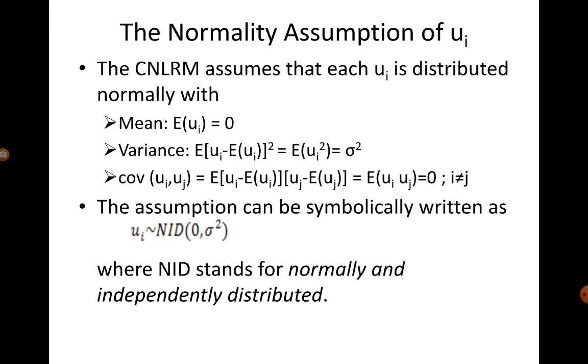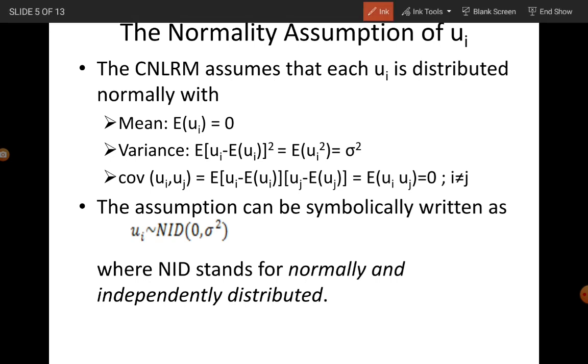We know our mean is expectation of ui equal to 0. This is also a part of our CLRM assumptions. And what is the variance? Remember, this is the formula for variance. When you talk about random variables following certain distributions, this is how we calculate variance: expectation of deviation from mean squared.